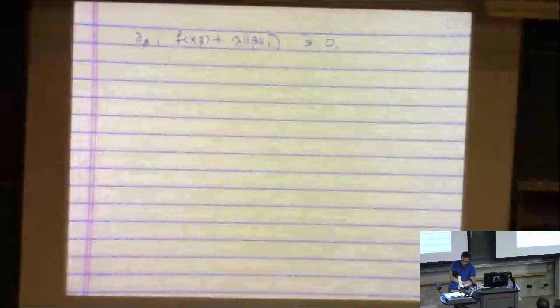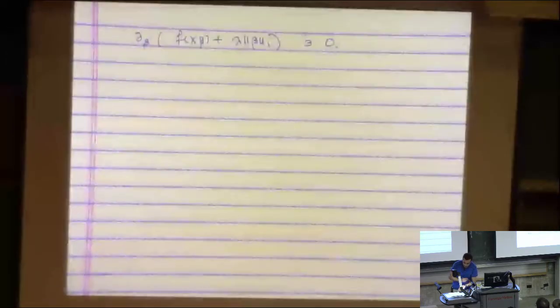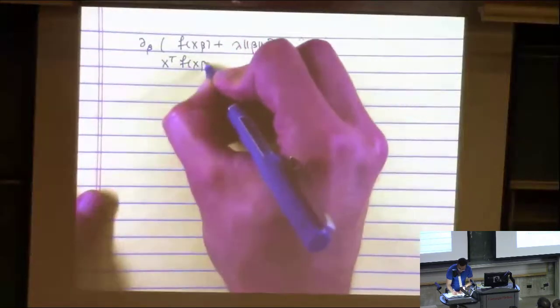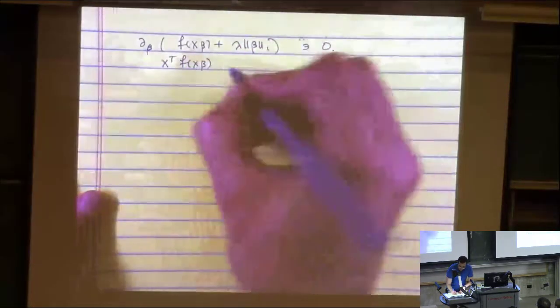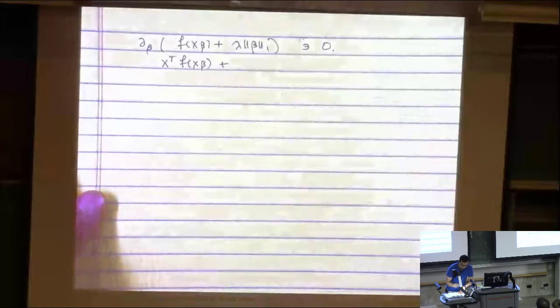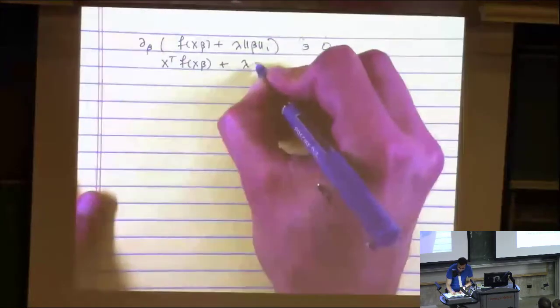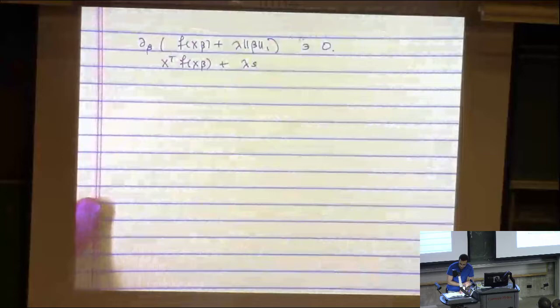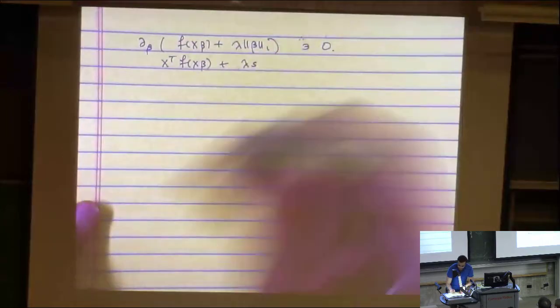That's all the KKT conditions say here. And we know this is differentiable, so its gradient is going to be its subgradient. And let's suppose we write S for a subgradient of the one norm evaluated at beta.